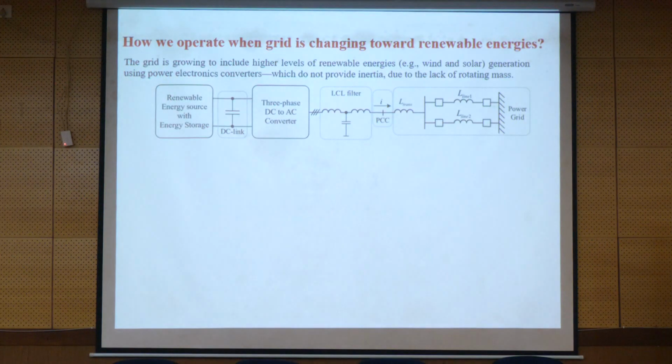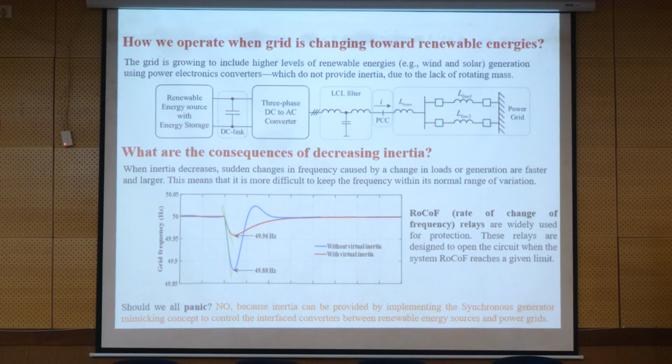And again, do we need to panic when we have more renewable energy in the system? We say no. Why? Because we have this type of technology which can provide inertia for the grid even by using a power electronic system.